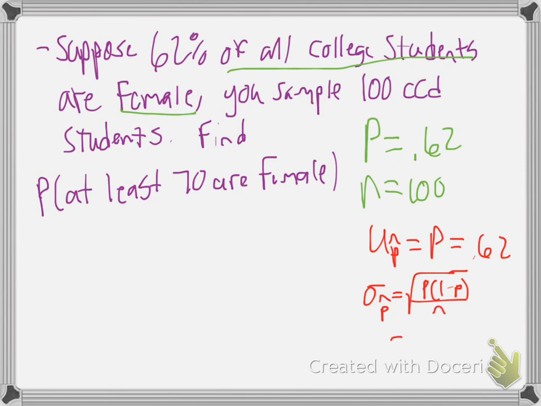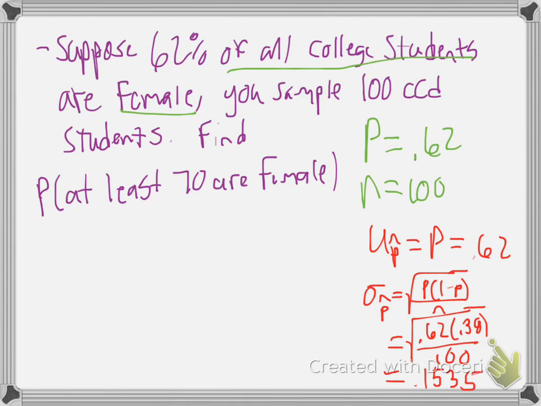So if we plug this in, p is 0.62, times 1 minus 0.62, which is 0.38, over 100. You plug that into your calculator, and we will get 0.1535 as the standard deviation of this curve.